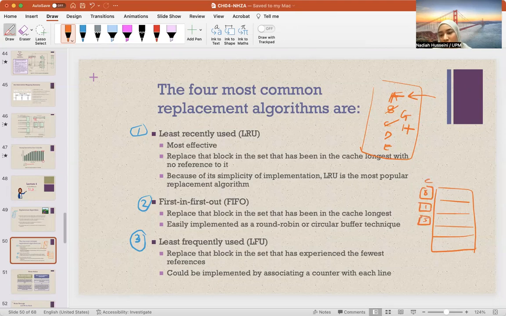So I would see, oh, cache line number 1, this is 0, cache line number 1 has only been called once. So this guy is the least frequently used. Let's replace this guy with the new block. So that is the third approach.